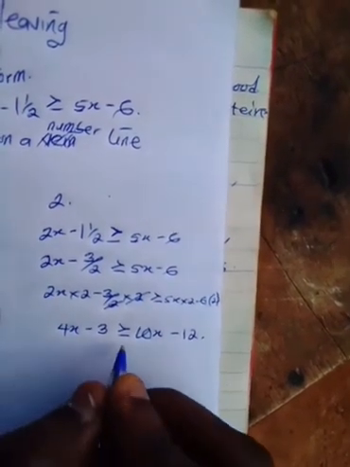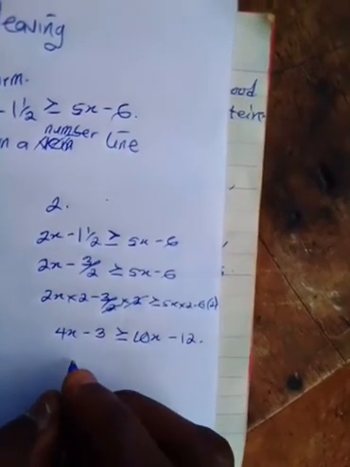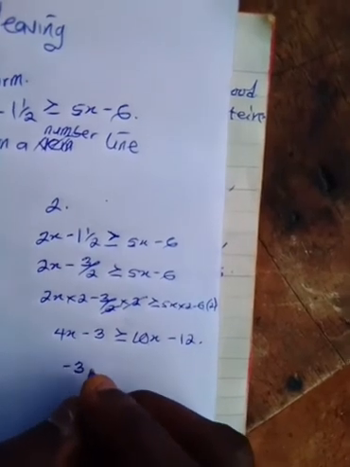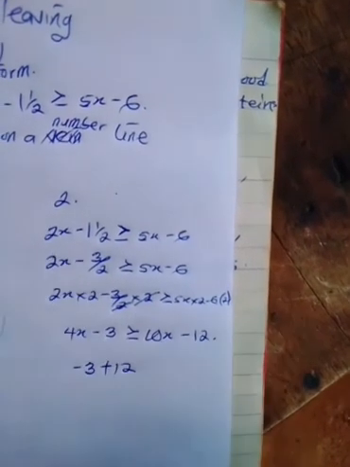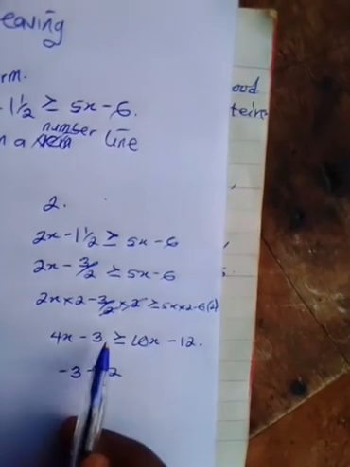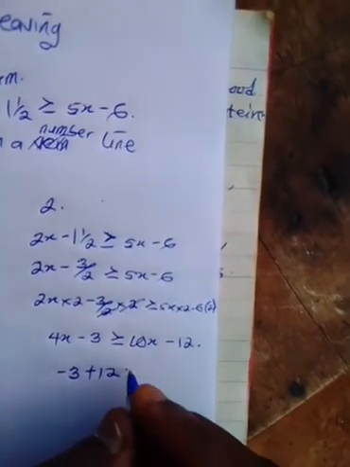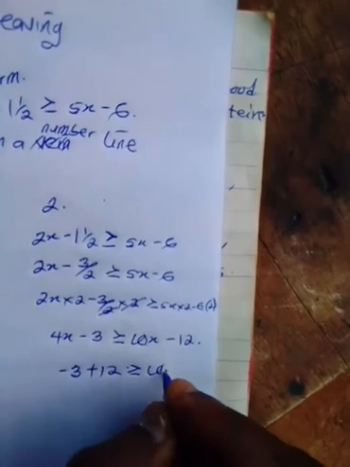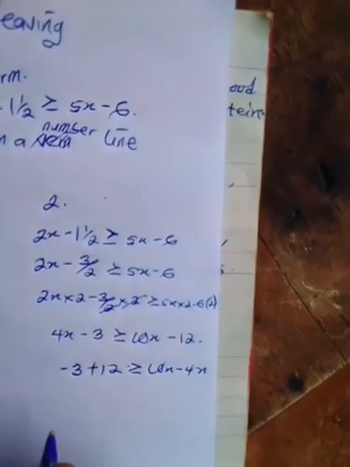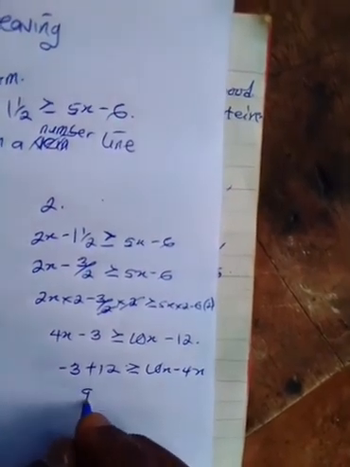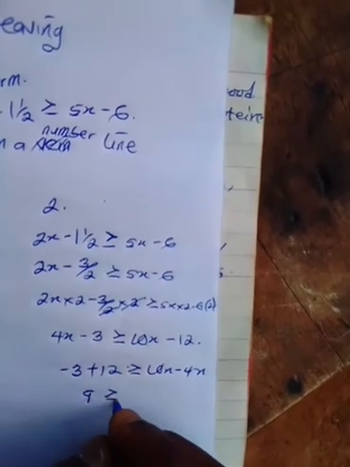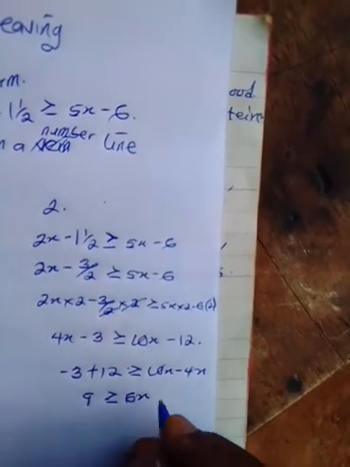Yes. So if I want to solve, I will get my negative 3 plus 12. It's positive here because it has come across this sign. So which is greater than or equal to 10x minus 4x. So this one will give you 9 greater than or equal to your 6x.